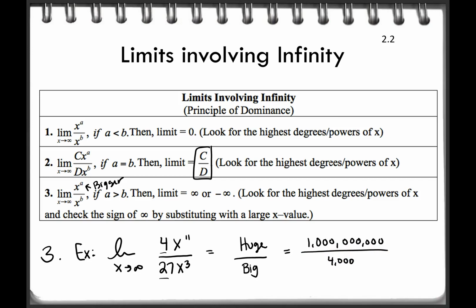All right, so even though this denominator is pretty big with an x cubed, the numerator is way bigger. And what's a huge number divided by another number? Well, if this number is going to get extremely big, and this number is big, but not that big, then we're going to end up with an answer of infinity. Sometimes we could end up with a negative infinity, and we'll talk more about that later.